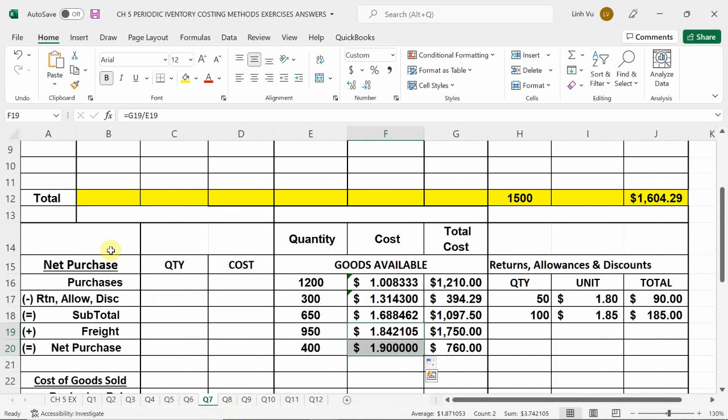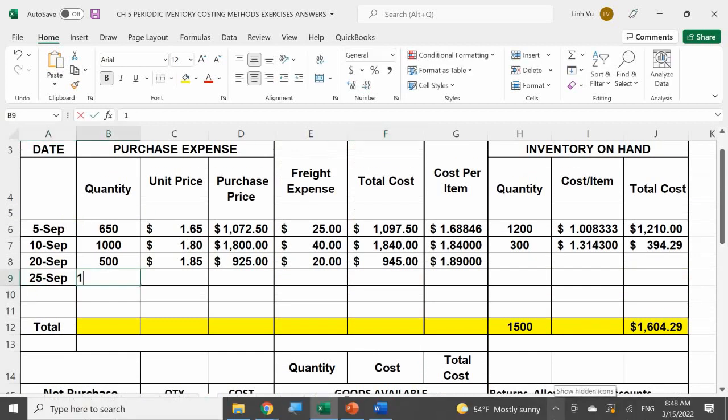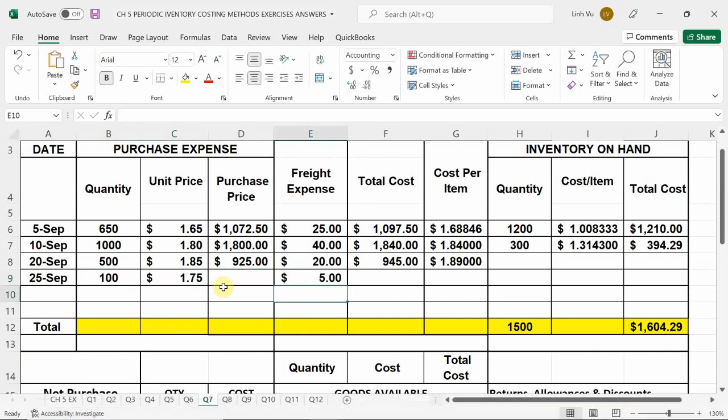So in this case, how much is my purchase price here? $175 plus $5. $180.